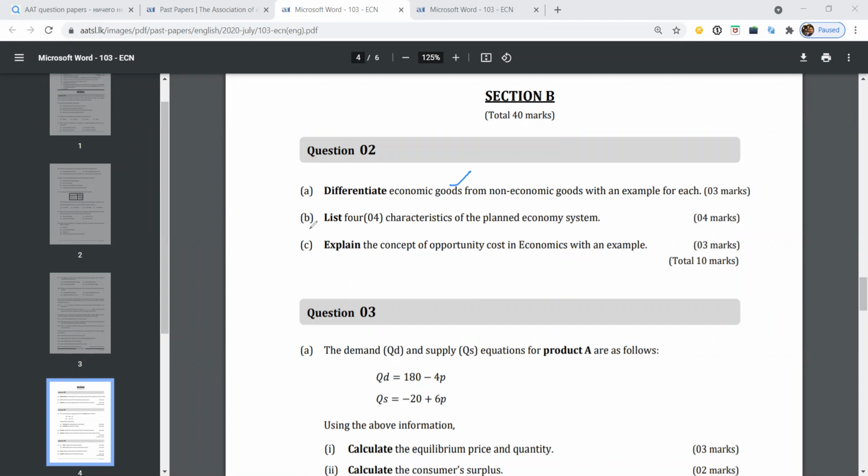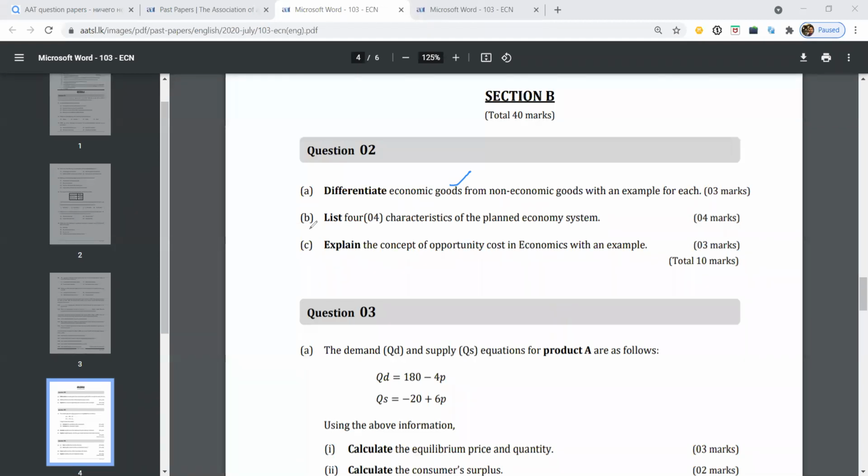Next, explain the concept of opportunity cost in economics with an example. Opportunity cost is the next best alternative foregone when a choice is made.